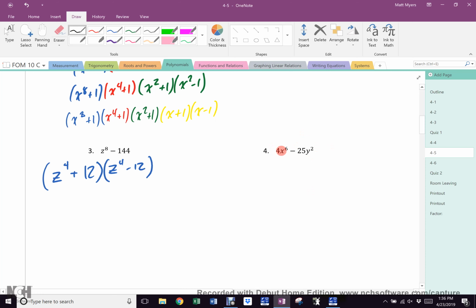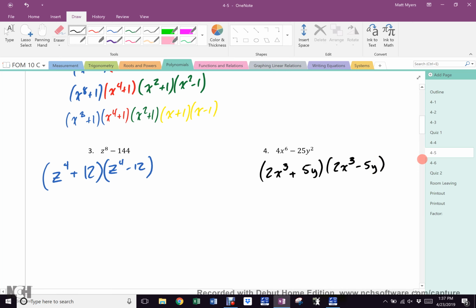What is the square root of that? 2x cubed. Plus, what is the square root of that? 5y. And then what do I do? Same thing, except it's minus 5y. And now you can't do anything anymore. Now, ladies and gentlemen, that's all there is to it.